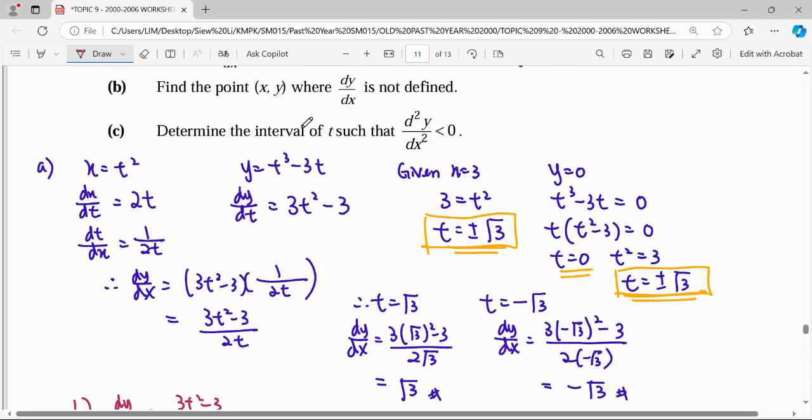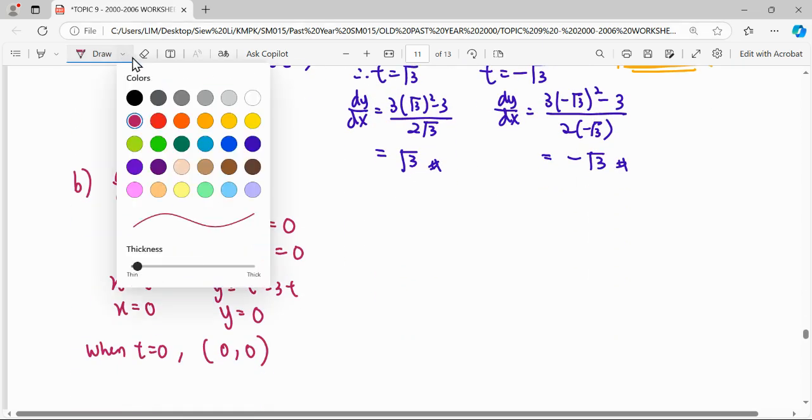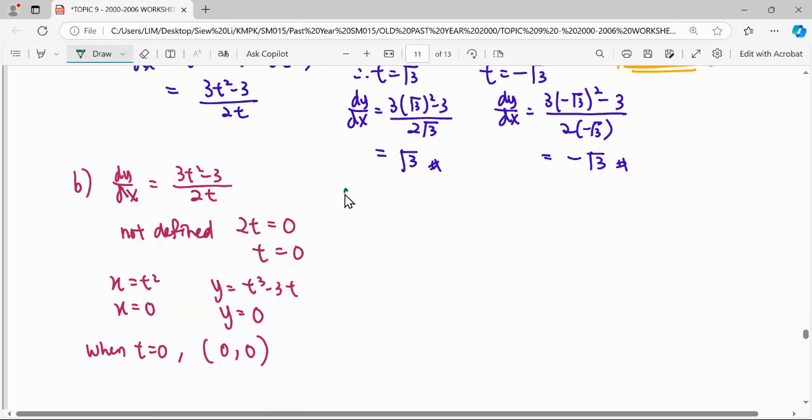Then continue: determine the interval of t such that the second derivative is negative. So from here, we need to find out our second derivative first. Question C, to find the second derivative, we need to differentiate the dy/dx with respect to t. So we simplify first. I don't want to use the quotient rule because this function can be simplified, so it can be divided separately.